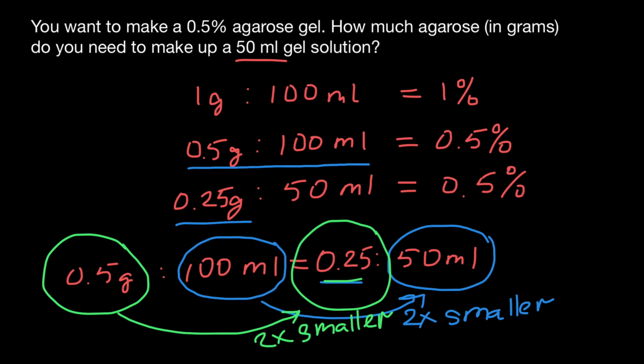But what if, for example, we would need 200 milliliters, and 200 milliliters is twice bigger than 100 milliliters? Then that means that this number also has to be twice bigger than this number for this proportion to be equal. So this is how easy it is to solve this type of problem using ratios and proportions.